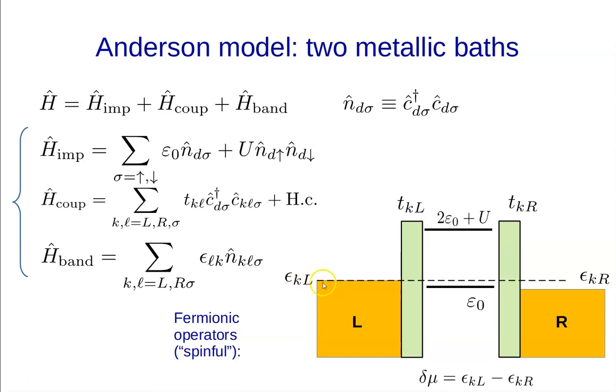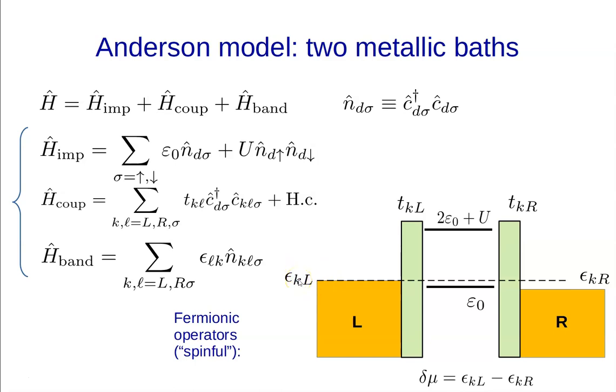And that would be the energy from which I know whether n is approximately 1 or n is approximately 0. Okay, so from the occupations of all these k's, I can have a measure of this chemical potential.